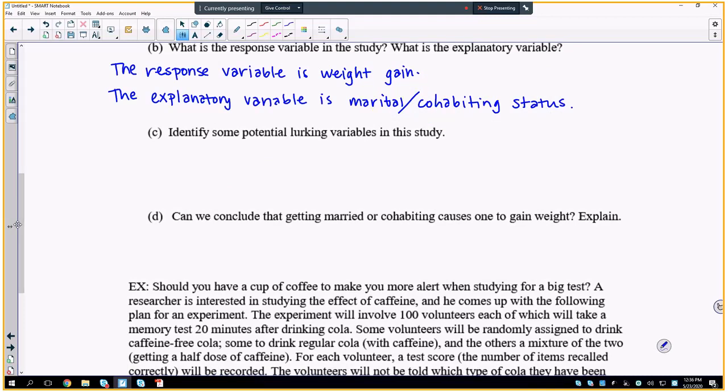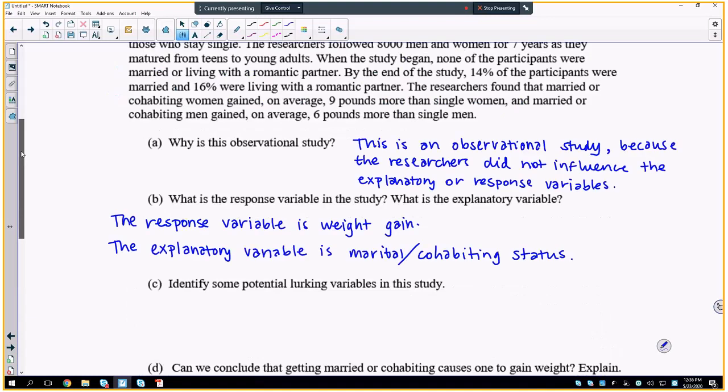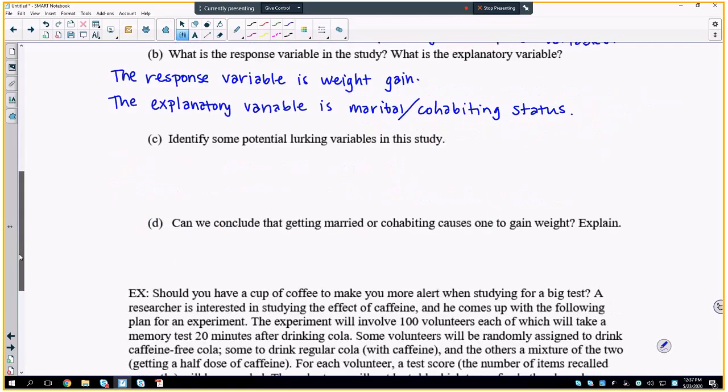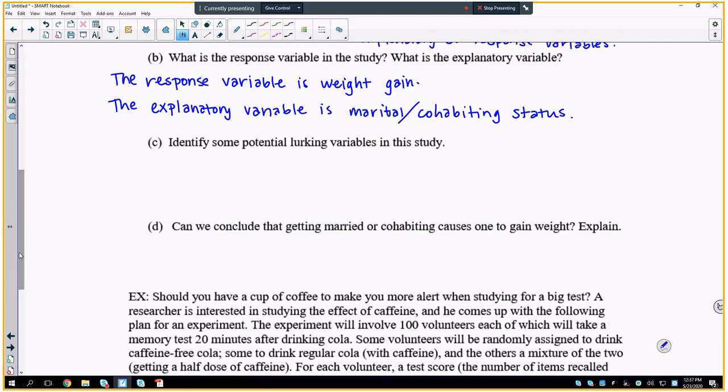C, identify some potential lurking variables in this study. Well, the researchers are only thinking about that people are either getting married or staying single. But what about the fact that people are getting older?